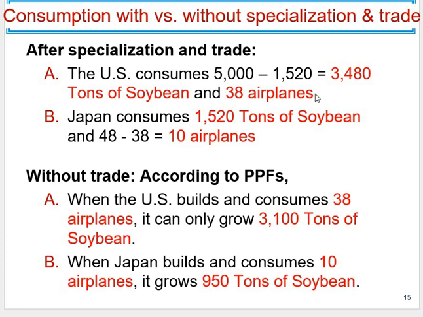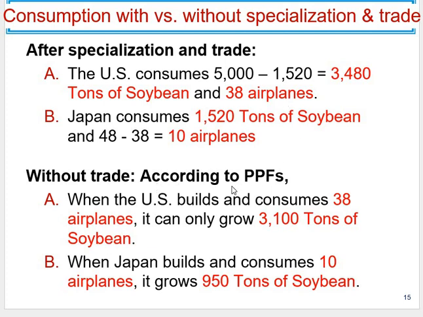But at the same time, it gets 38 airplanes. Okay? And for Japan, they trade 38 airplanes for 1,520 tons of soybeans. So now they're happy with the soybeans they get from the US, and they're okay with just keeping 10 airplanes, even though they produced 48 in the first place, because they specialize in producing airplanes.